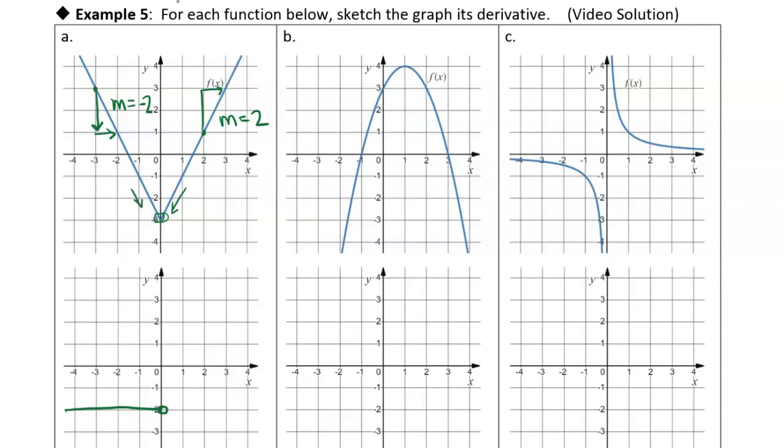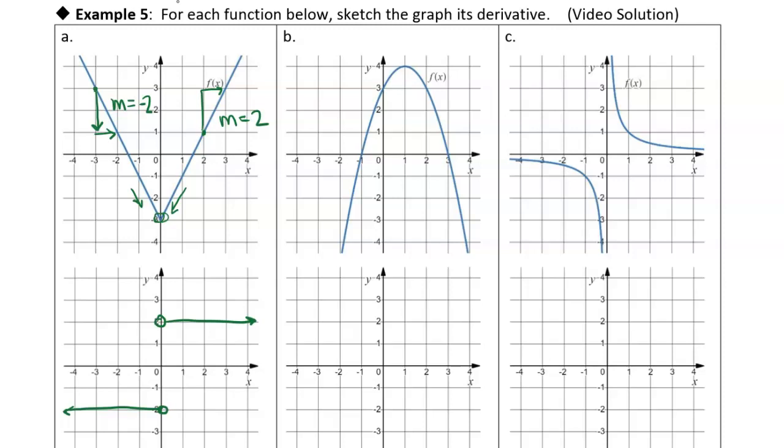If I approach it from that direction, the slope looks like -2. So the derivative doesn't actually exist at that point. I'm going to put an open circle here too, and for x greater than 0, the slope is +2. So that's what the graph of the derivative would look like, and we have this discontinuity at x equals 0.